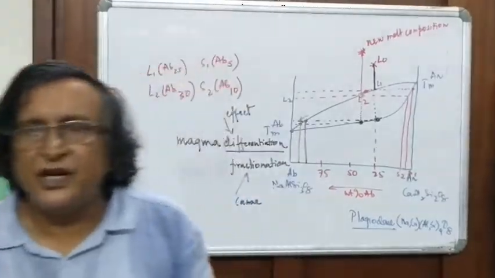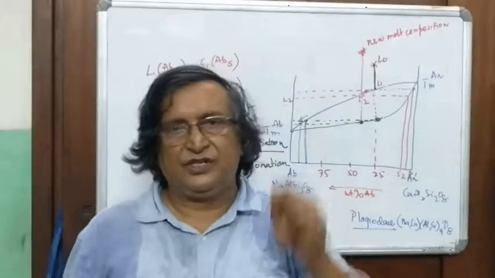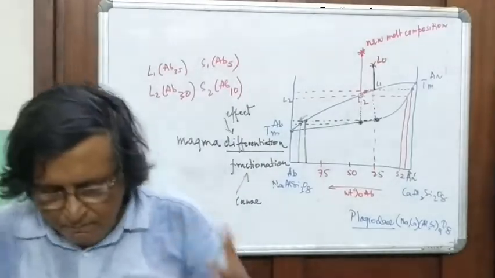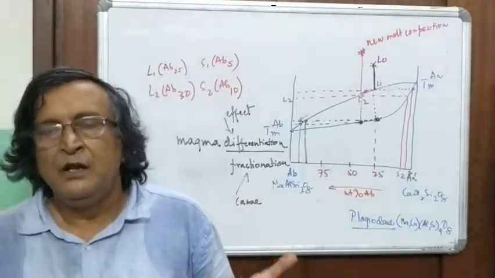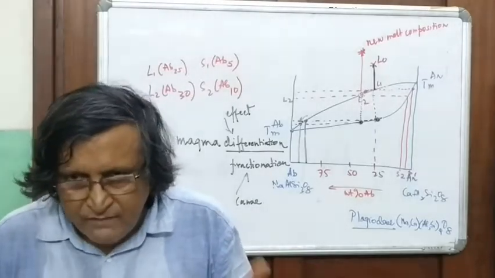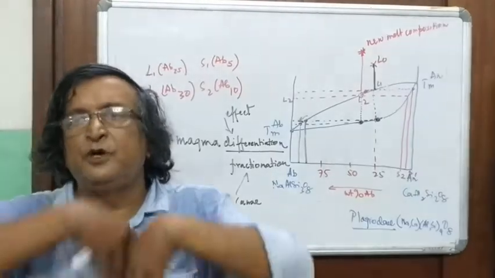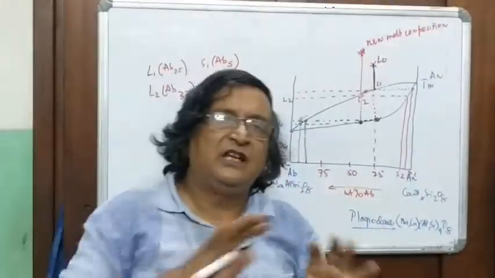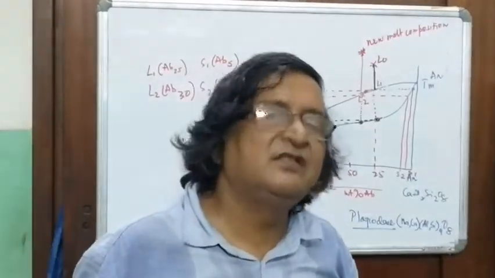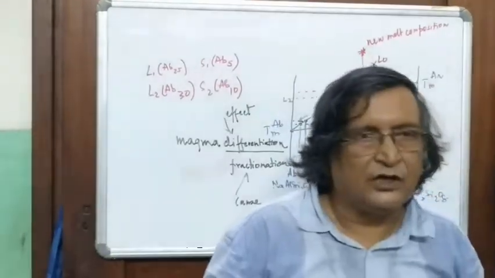So crystal fractionation is the process by which mantle-derived magma, after all, most of the magma is derived from the mantle, undergoes one of the processes that causes the diversity. There are other causes.